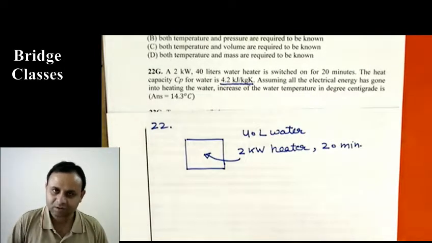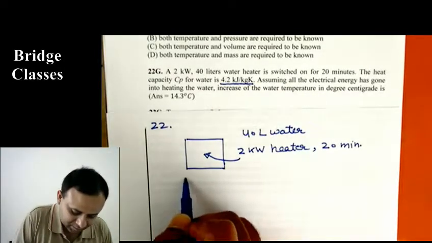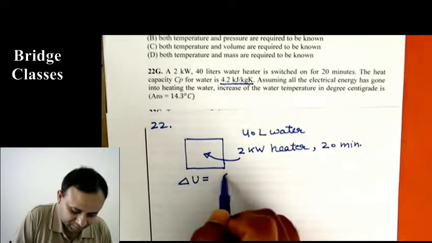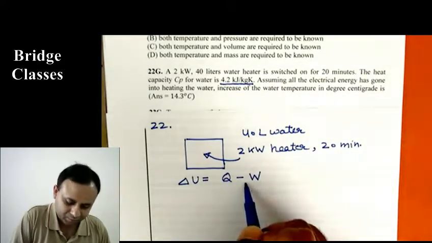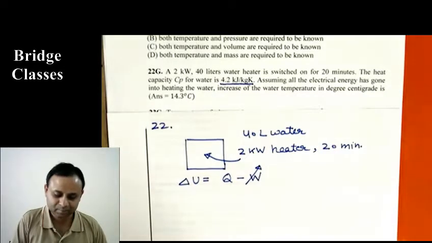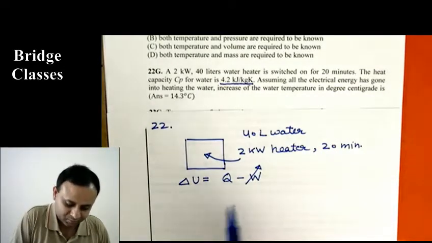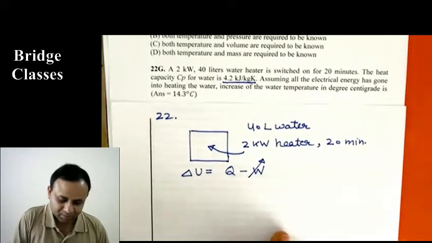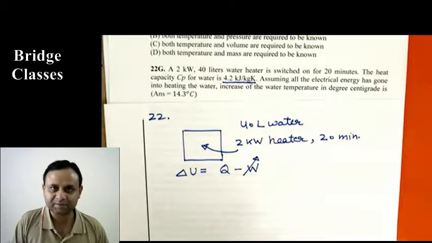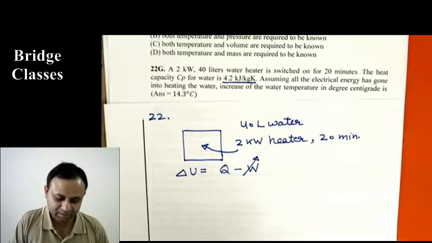So we apply first law, which is delta U is Q minus W. There is no work, and we are taking water as incompressible.